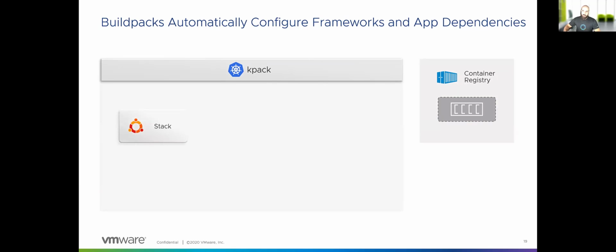So the first thing inside of that Tanzu Build Service that is, of course, leveraging kpack, as I've said, and buildpacks.io, is the stack. So the stack is basically representing the dependencies, the OS, all the different things you need to get the application running, the application runtime. The second pillar of that is the store. The store basically represents all the buildpacks that you're using to build your code.